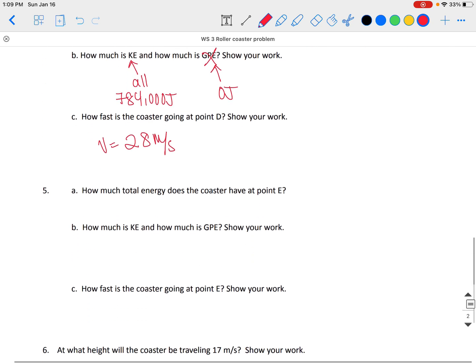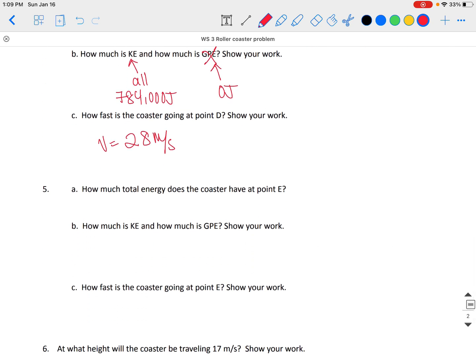Now we've got total energy at point E. Point E is all kinetic. And, sorry, let's take that back. All gravitational.